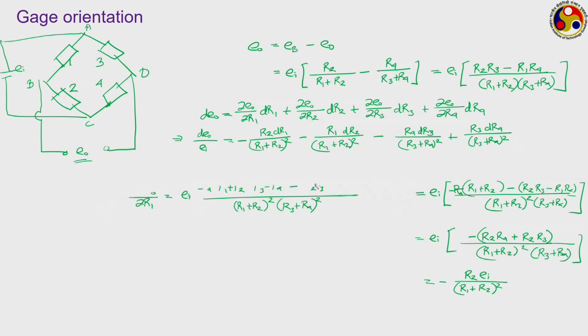Let me erase this entire portion to make some more space for the next part of our calculation, and this plus sign then will also become negative in that case.